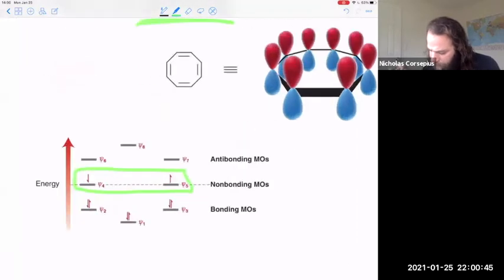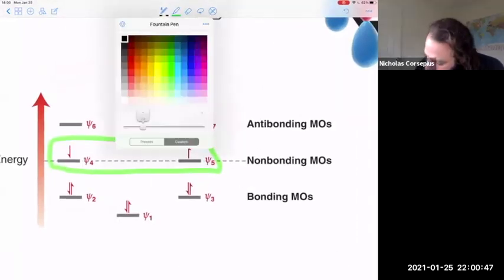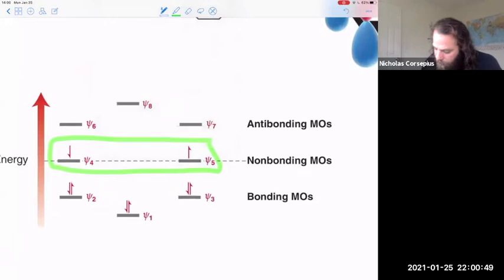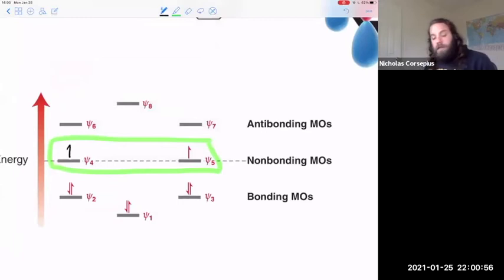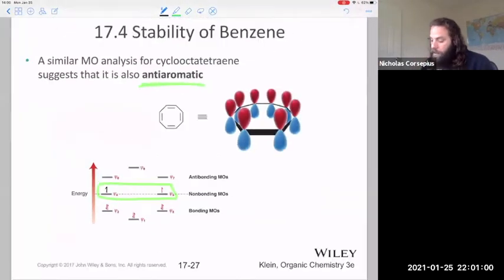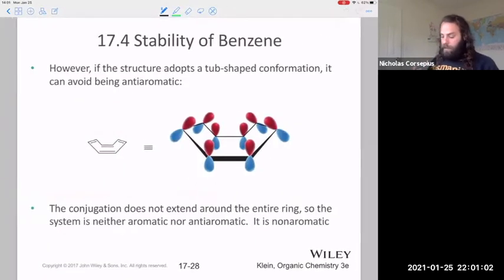The one thing I'll say is the lecture slides and the images in the book are not correct in the sense that these electrons should be pointed the same way. It's a minor point, but it is important. Okay, so I guess this is another fun fact to know about cyclooctatetraene: if it was flat, it would be anti-aromatic.